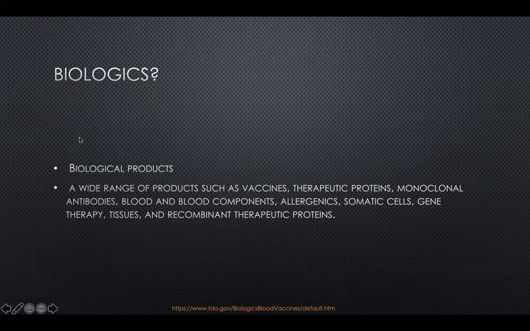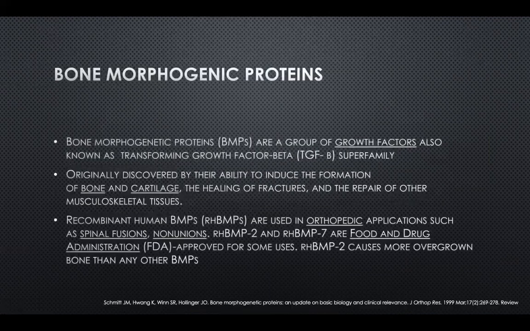These biologics are made through genetic process and recombinant therapy process to fabricate these type of materials, which is called the biologics. And these are like the vaccines, the therapeutic proteins, monoclonal antibodies, and etc. One of these biologics that become available in the market recently, it's called the bone morphogenic protein.